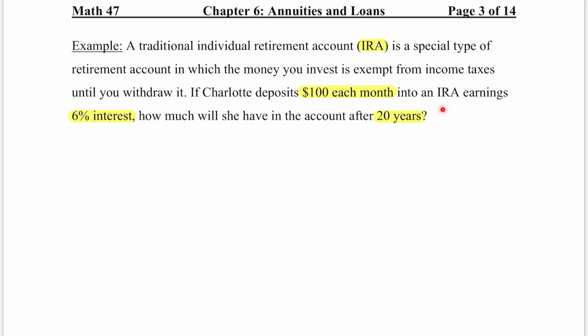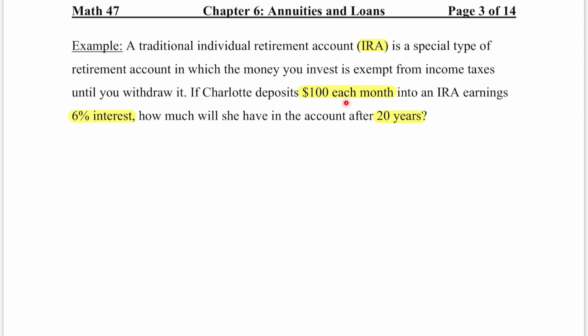How do I know if I should use the compound interest formula or the annuity formula? Well, I need to look at how the contribution is made. If the contribution is made in one deposit, then I will use the compound interest formula. If the contribution is made with many deposits, then I am going to use the annuity formula.